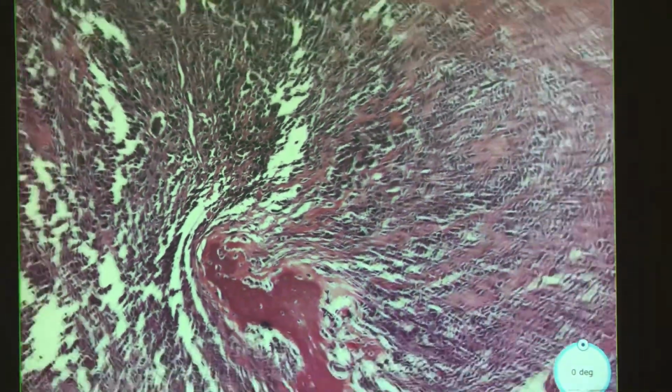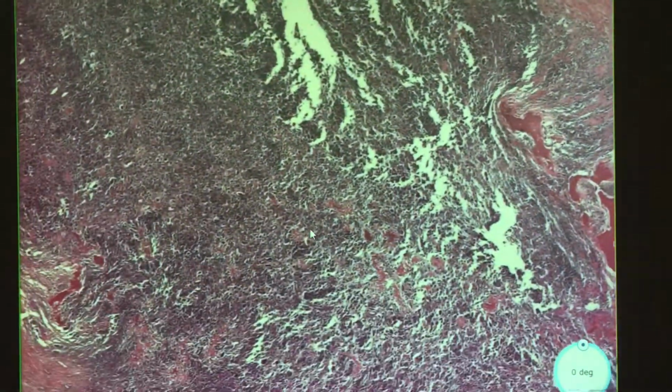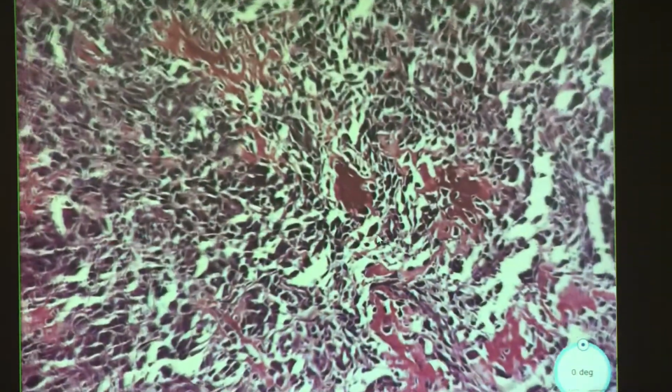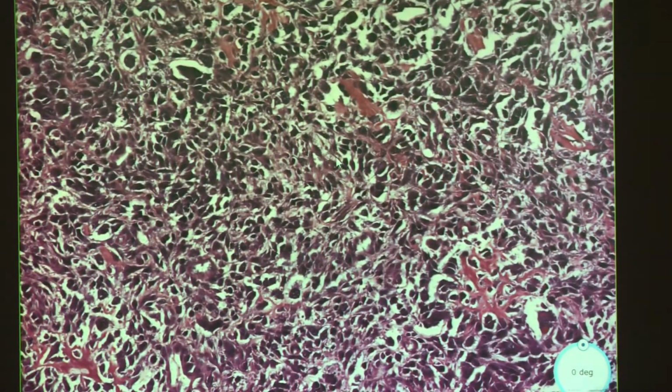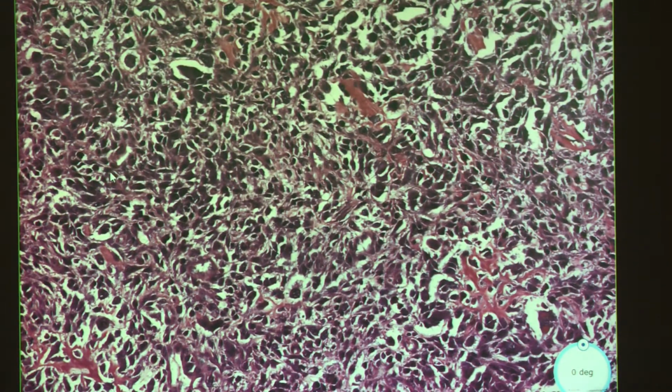So areas that look very much like that. Here's kind of more of it. So we have all these osteoblast-like cells. And that would be the most common variant that you would expect to see, but who knows.